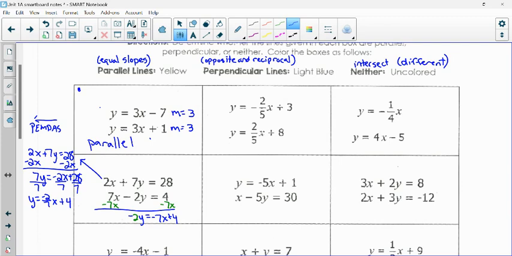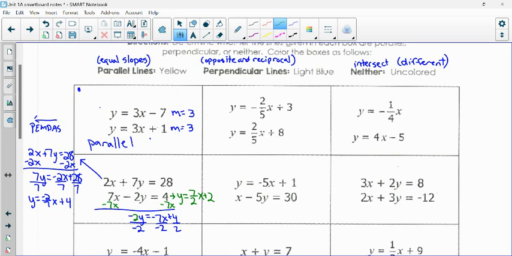And then we have to divide everything by -2. So that would give us the equation for this one. Y equals negative divided by negative is positive 7/2 x, 4 divided by 2 is 2.